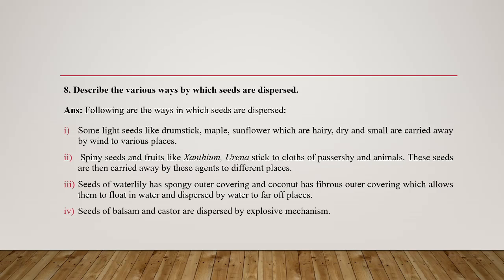Or then there is transport through water, that is the water lily, and the coconut has a fibrous outer covering which allows them to float in the water, so they are dispersed through water. And another, the seeds of balsam and castor, are transported through an explosive mechanism.